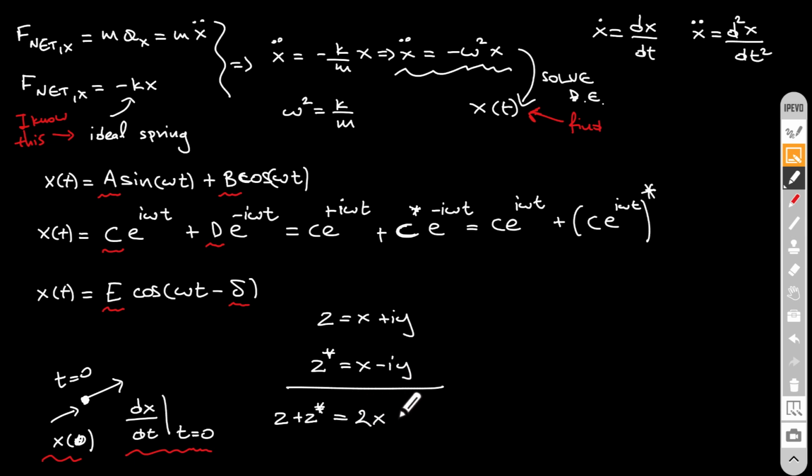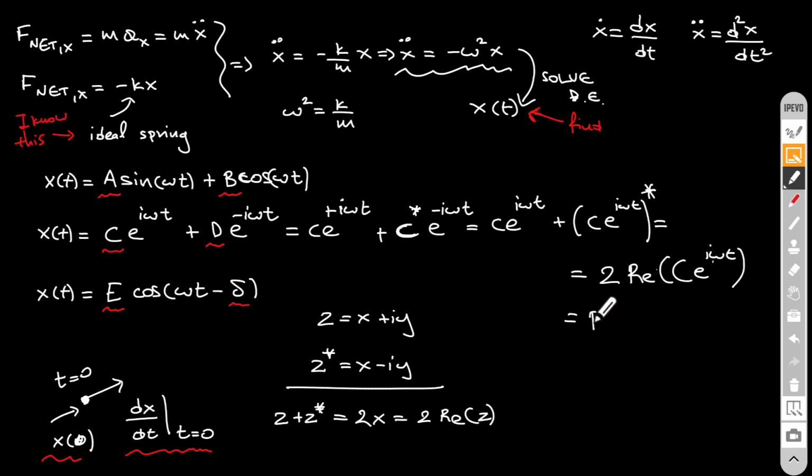But x represents the real part of the complex number z. So 2 times the real part. So I can say that this is equal to 2 times the real part of c e to the i omega t.